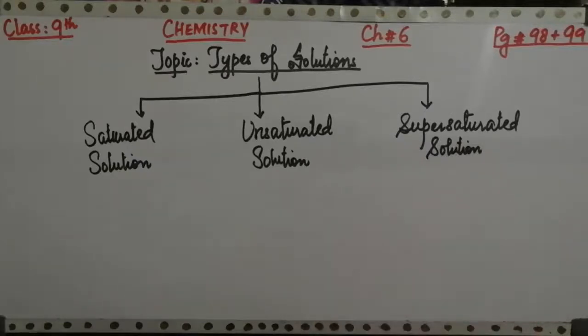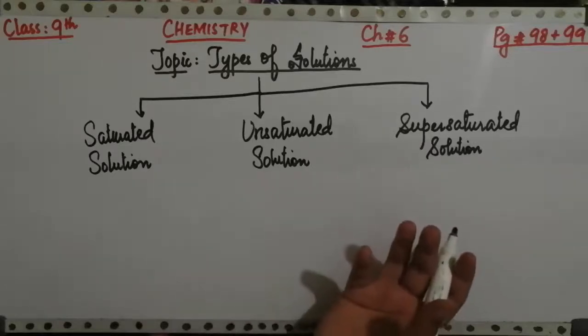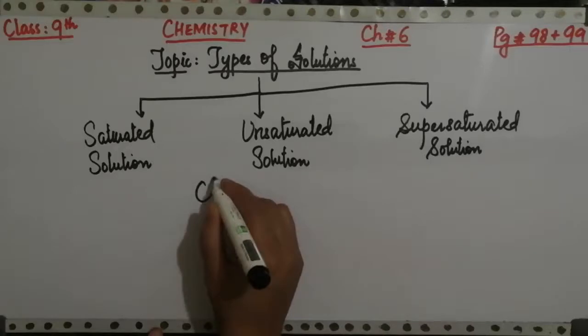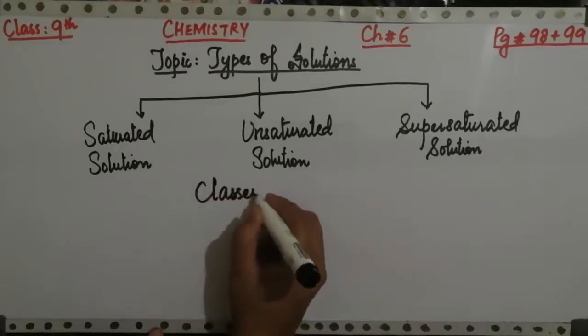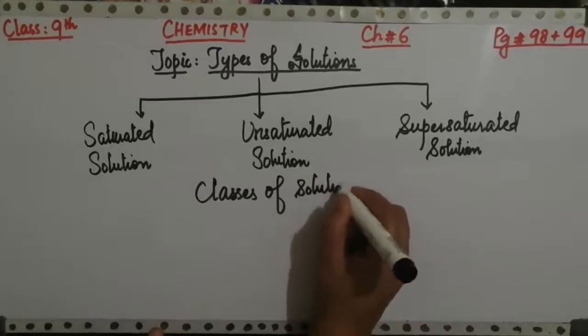that. Another category of solution is based on the amount of solute present in the solvent. Depending upon the amount of solute in the solvent, we can also categorize different classes of solution. So, classes of solution is next.